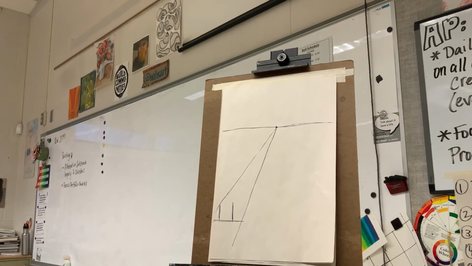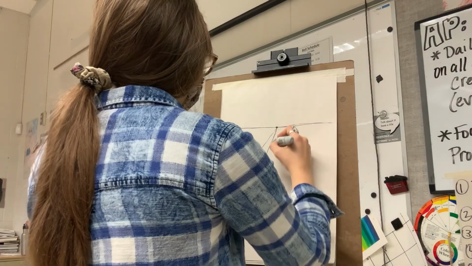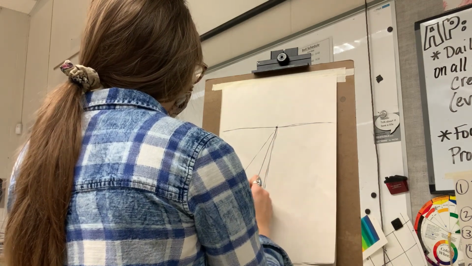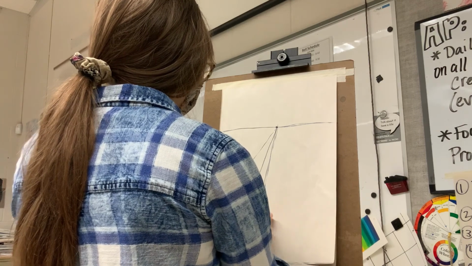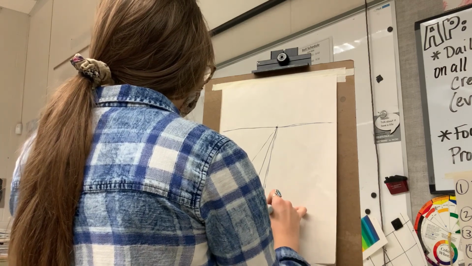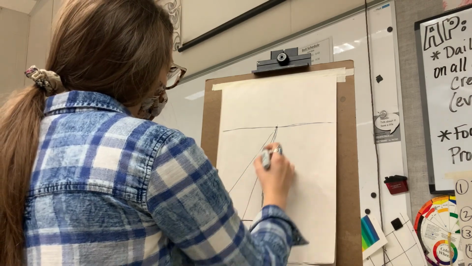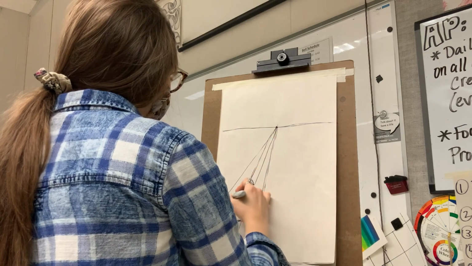I might create more than one line coming from the vanishing point. So I can go here, maybe have this be the peak of my house. Maybe have it go a little wider. All my vertical lines are going to stay vertical if that's the end point of my house. This is just really to help me with scale and sizing.